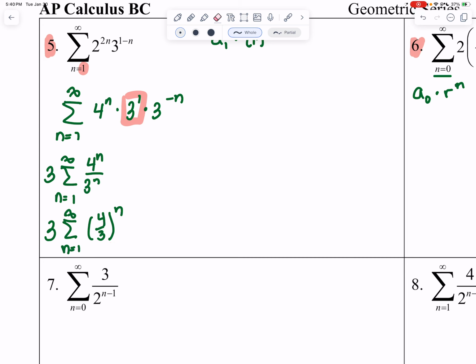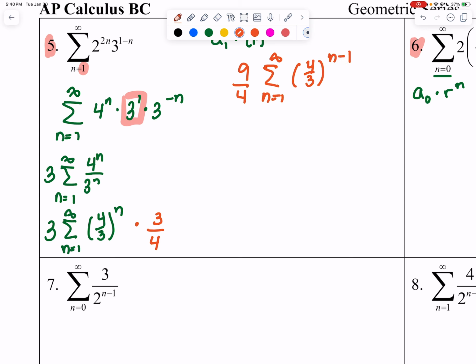So then I'm going to multiply by 3/4, and that's going to give me 9/4, and minus 1.